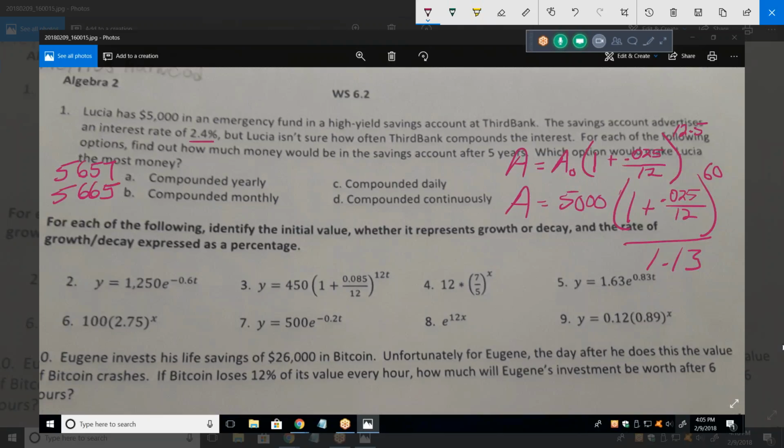That's $8 more, merely because they compounded it monthly rather than yearly. Okay.